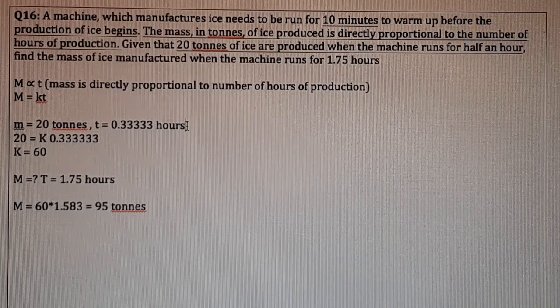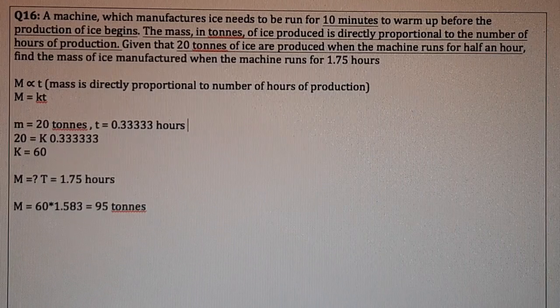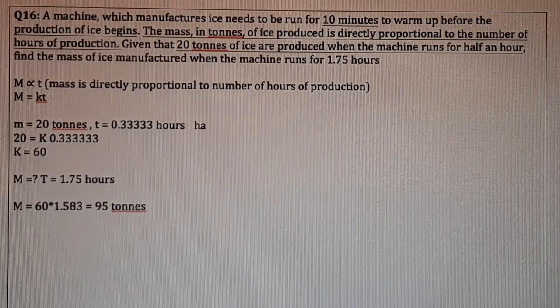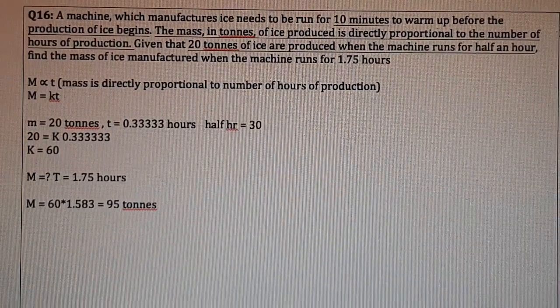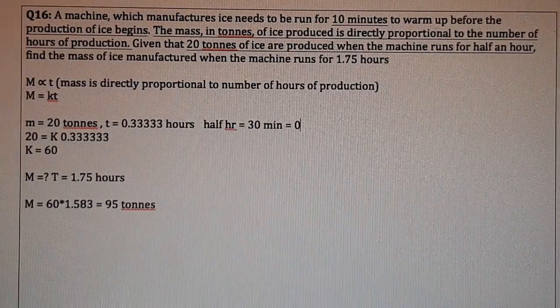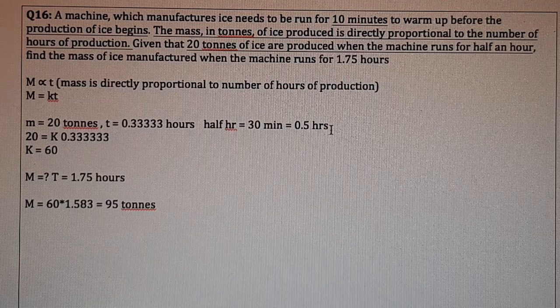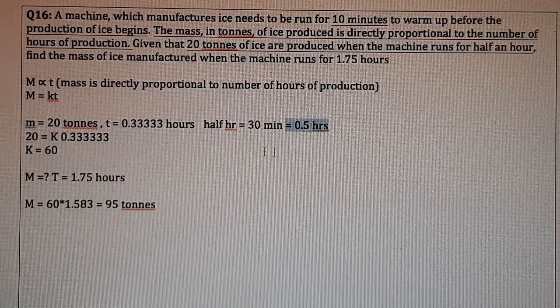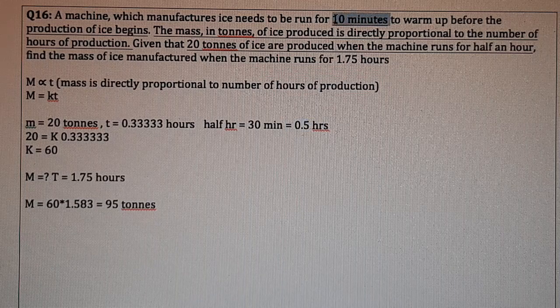But half an hour is basically, if you calculate it, 30 minutes, and that is basically 0.5 hours. Now the machine runs for 0.5 hours, but it took 10 minutes just to warm up.